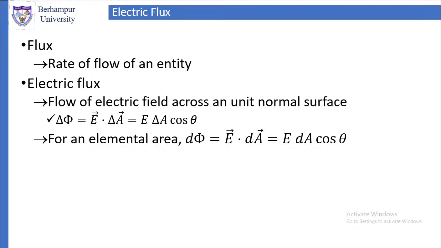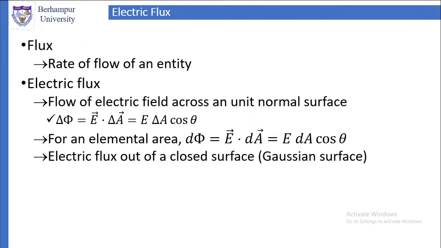If we have a distorted surface, then what we do is we divide the surface into many elemental areas, and over each elemental area we find out the flux, then we integrate the flux for all the areas, and that gives us the total flux.